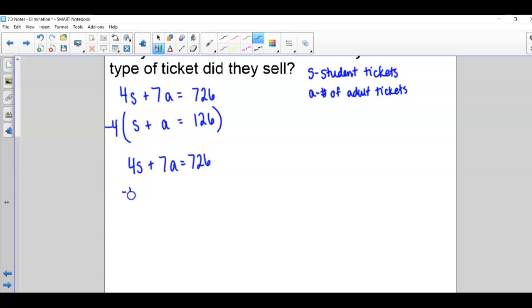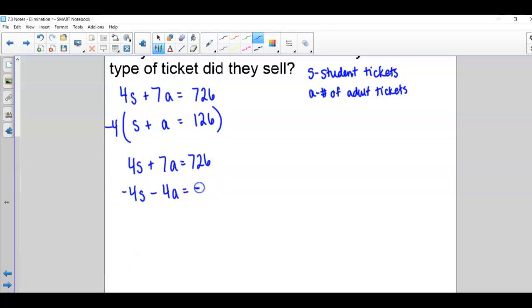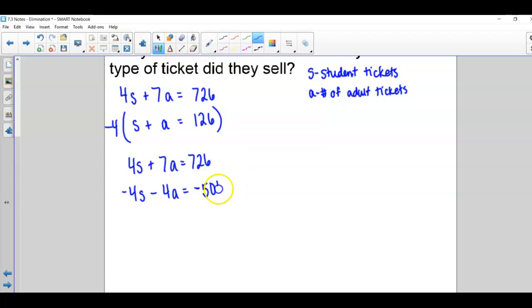And so we'll have -4S minus 4A equals, let's see, 126 times 4. Where's my calculator at? It's going to give us -504. Okay, so I'm going to add those two together. These cancel.